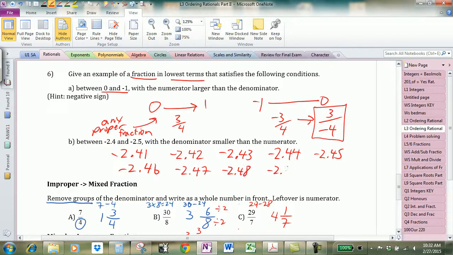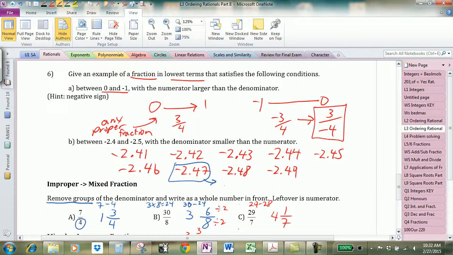Now, all you got to do is convert one of them. Which one do you want to convert? Ben, pick one. Sure. Good one to pick because you can't reduce it.